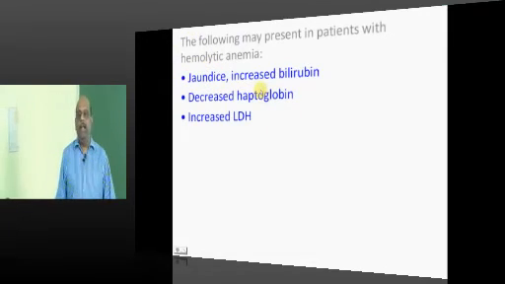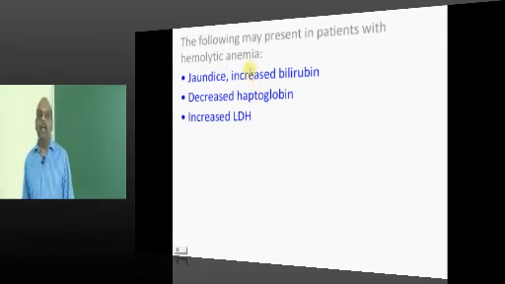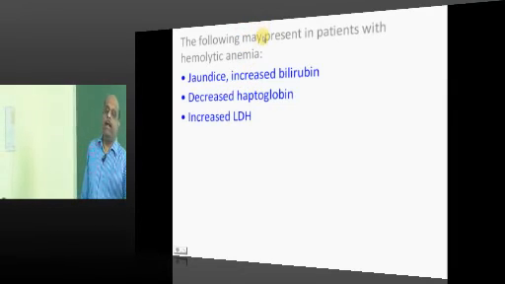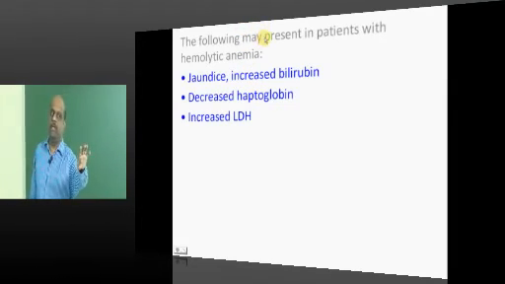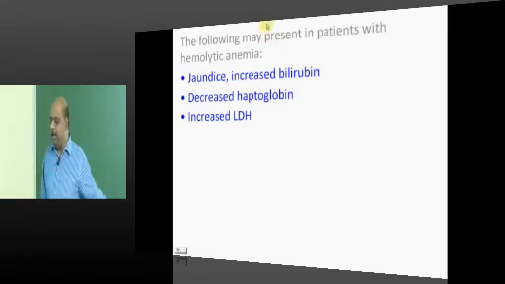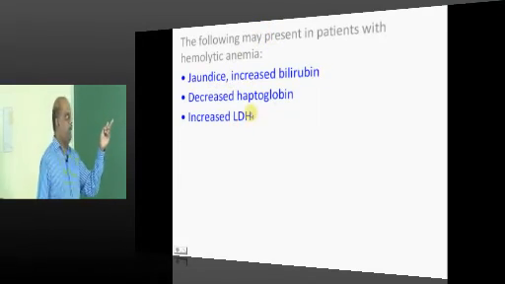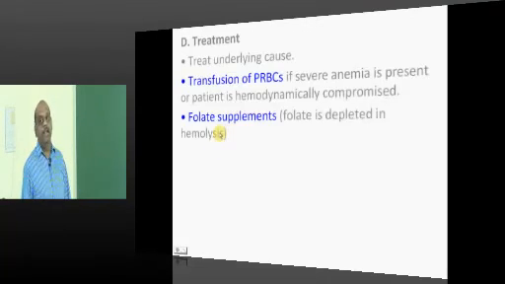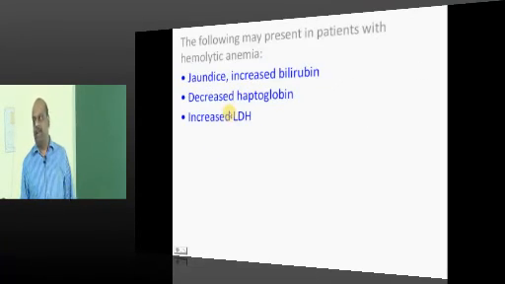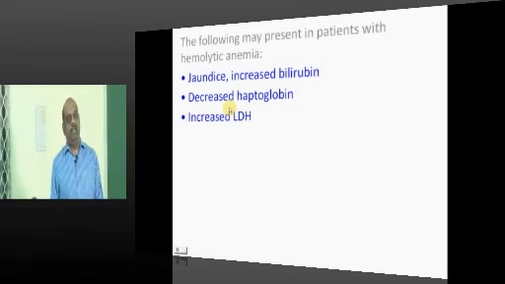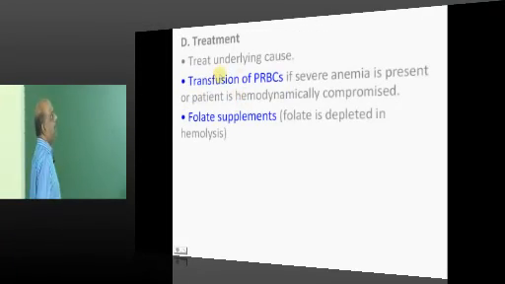Then for any hemolytic anemia, tell me 4 laboratory measurements common to all hemolytic processes. There is jaundice, there is hyperbilirubinemia, there is decreased haptoglobin and increased LDH, which are the classical laboratory findings of any hemolytic anemia, is what needs to be remembered.